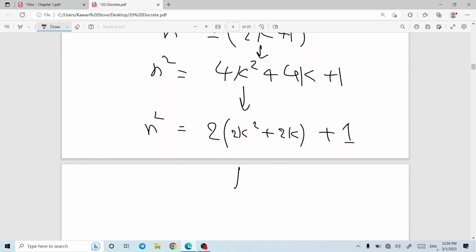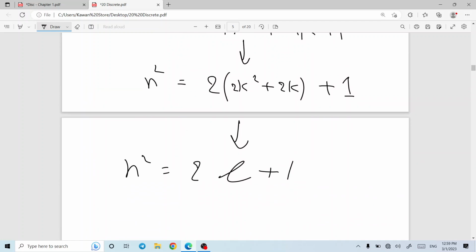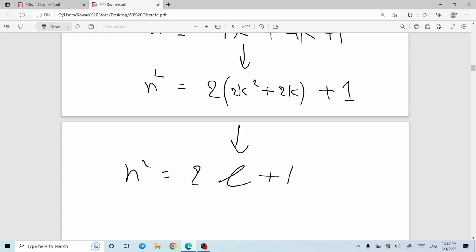Do you agree with this step? I change it to L. You can change it to M, whatever you like. So what is L? L is equal to 2k squared plus 2k. Is L an integer or not?